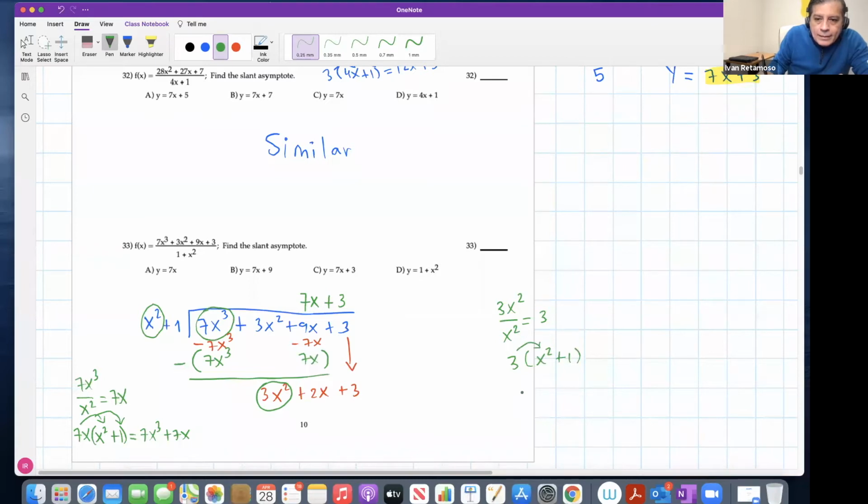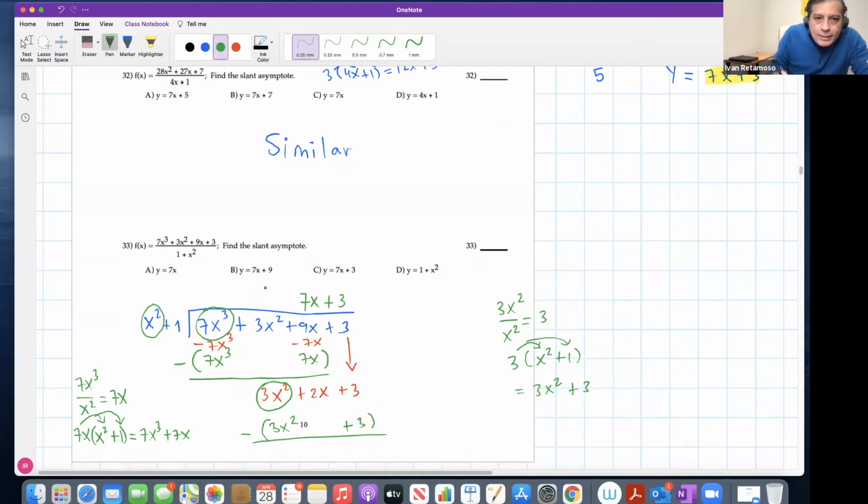It's going to be 3x squared plus 3, that you write here below, in order, look, quadratic term, constant term. Then you're supposed to subtract. At this point, I already got what I wanted, right? This will define my slant asymptote, right? I'm talking about this guy, right?